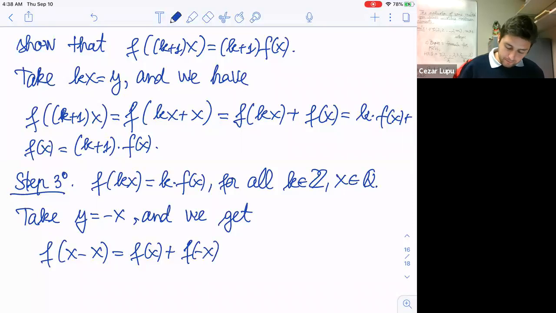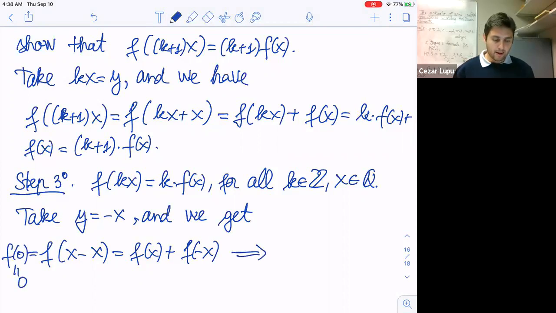But this is nothing else than just f of 0. But we have shown that f of 0 is 0. So this will imply that f of negative x is nothing else than just negative f of x, right?